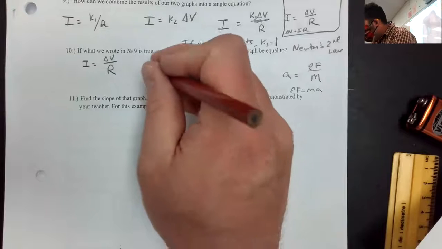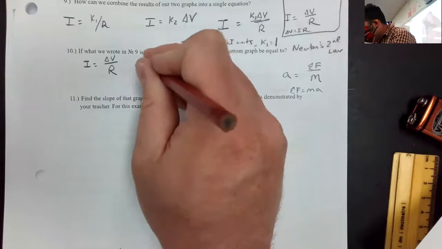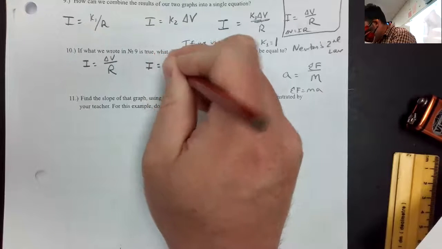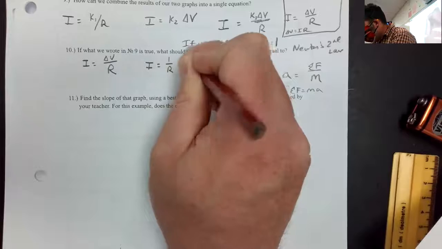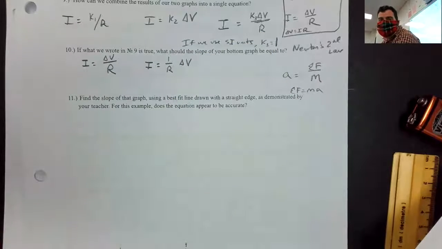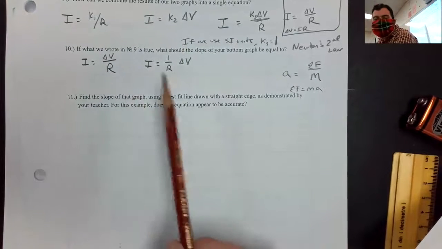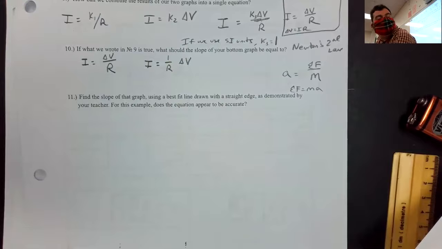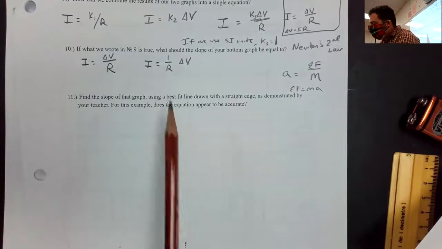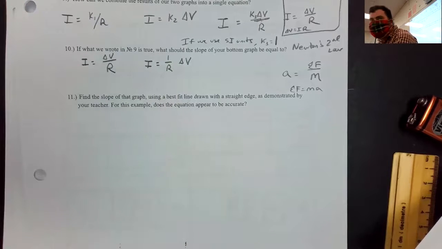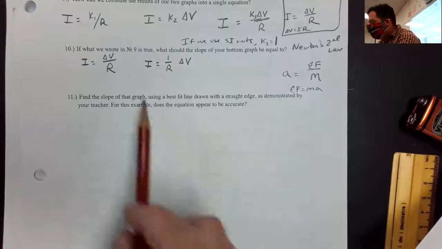So I'm just going to make one tiny little change. Does anyone not agree that these two equations mean the same thing? We just kind of pulled out the 1 over R. If you multiply them back together, you get this.